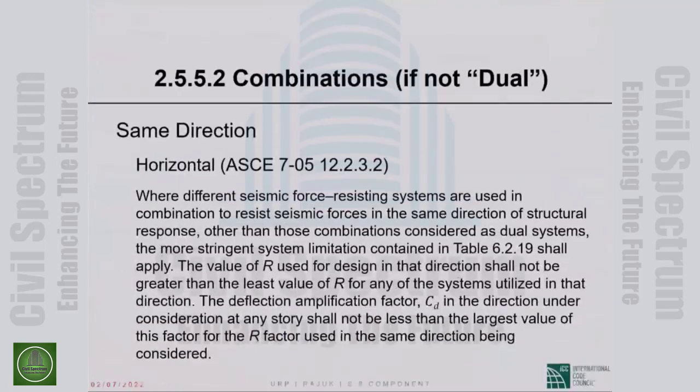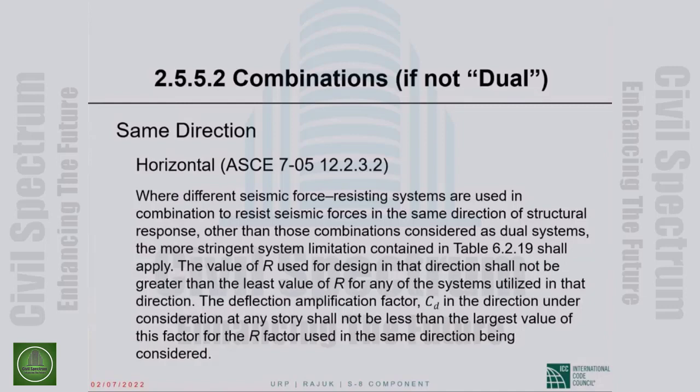a bearing wall system, the corresponding C sub D of 2.5 will be the C sub D of the combination. Now, where do we say the largest value of this factor for the R factor used? Because there may be more than one system with the same R value in the combination. There may very well be more than one structural system that have the same R values.